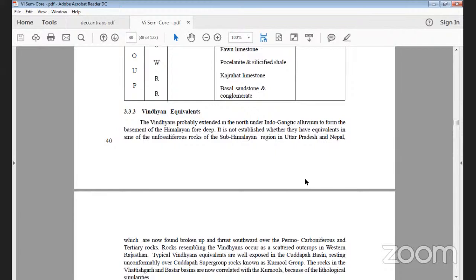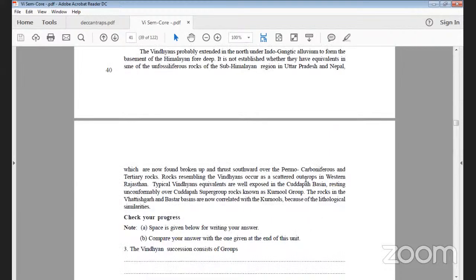It is not established whether they have equivalents in some unfossiliferous rocks of the sub-Himalayan region in Uttar Pradesh and Nepal, which are found in the broken-up thrust and southwards over the Permo-Carboniferous, consisting of Tertiary rocks.